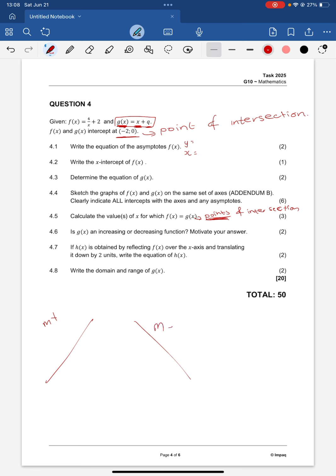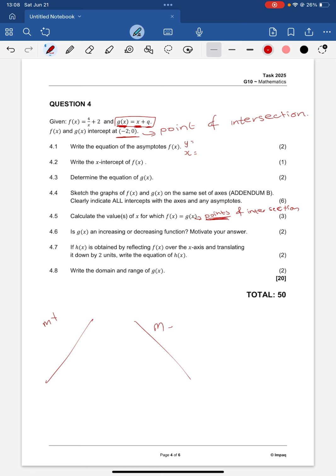H of x is obtained by reflecting f of x over the x-axis and translating it down by 2 units. I told you how to reflect over the x-axis. If you don't remember, rewind and listen to what I said. And then translating it down by 2 units is also fairly simple.